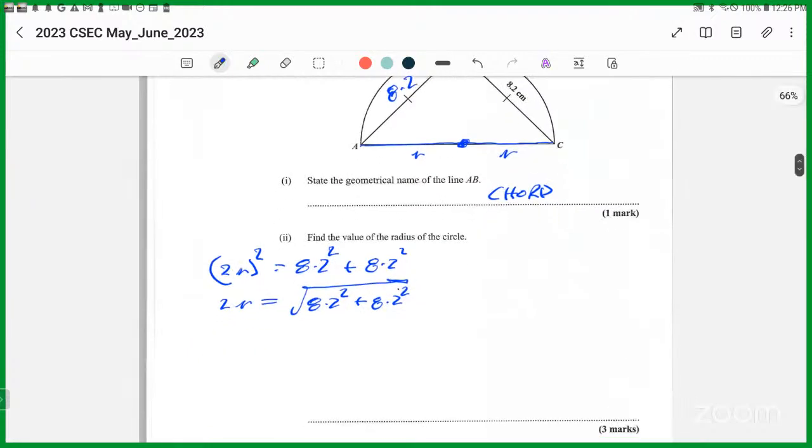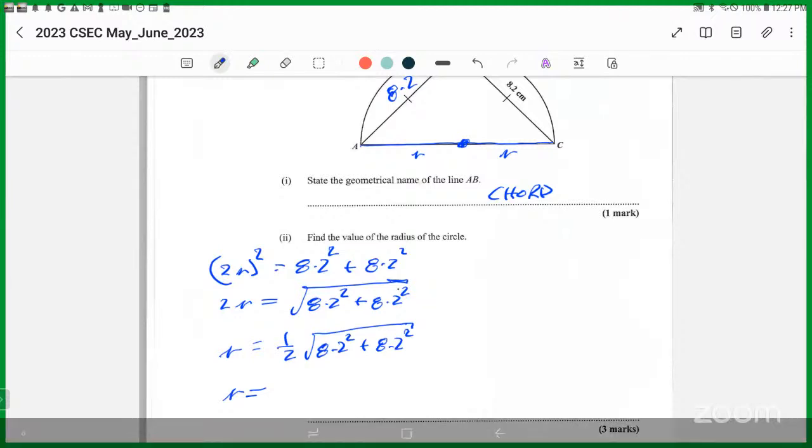And so the radius will be half of the square root of 8.2 squared plus 8.2 squared. Let's see what we get for the radius R.